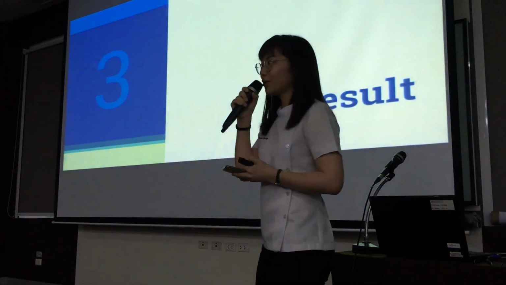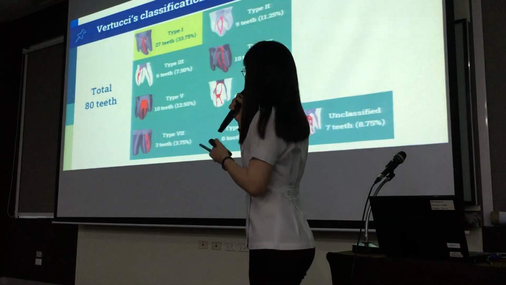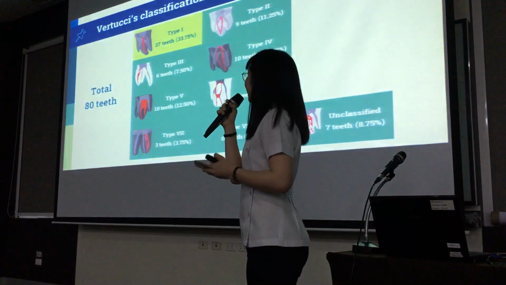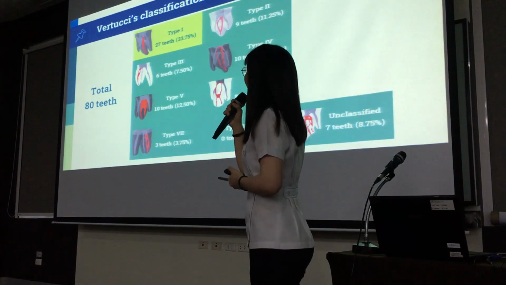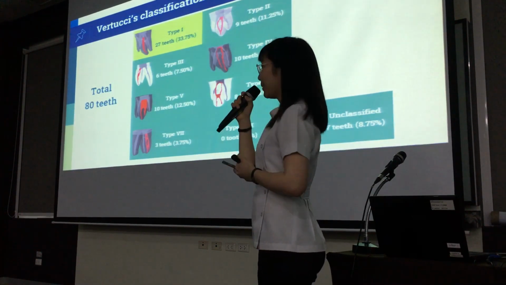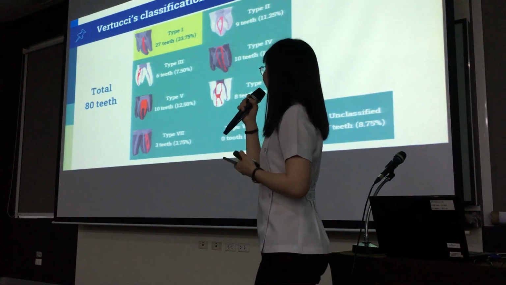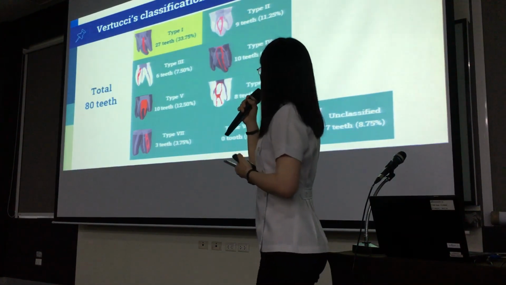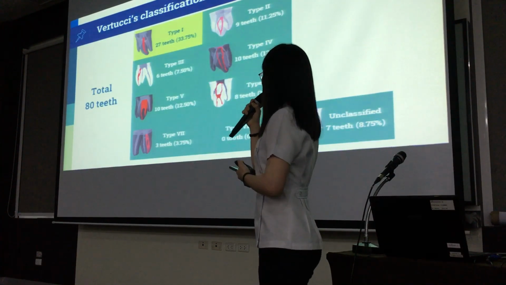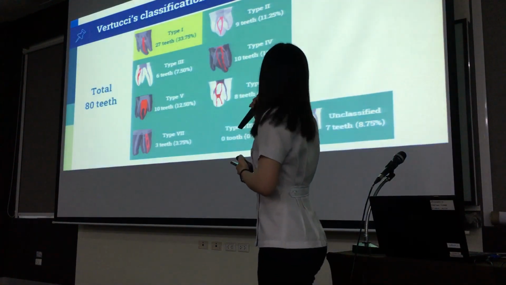Let's look at the result. The MB root canal was classified by Vertucci classification as approximately type 1 34%, type 2 12%, type 3 8%, types 4 and 5 13% equally, type 6 10%, type 7 4%, type 8 0%, and unclassified type 9%.